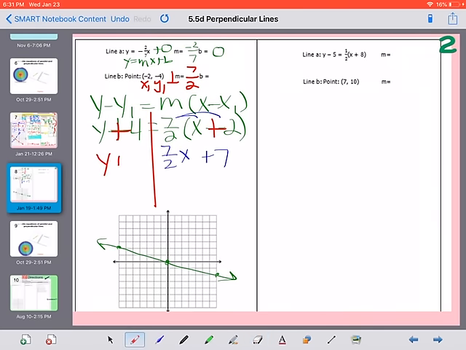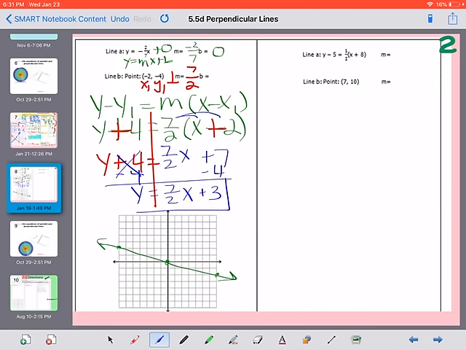And so we have y plus 4 equals 7 over 2x plus 7. And we want y by itself, so subtract 4. Opposite of adding 4. We have y equals 7 over 2x. And 7 minus 4 is 3. So our second equation, b is 3.